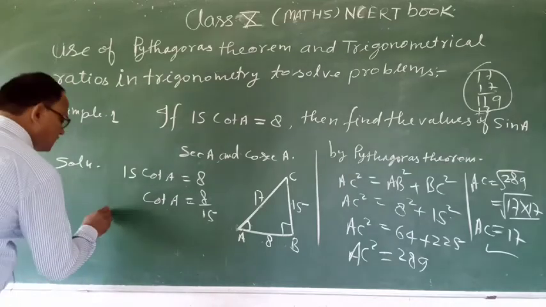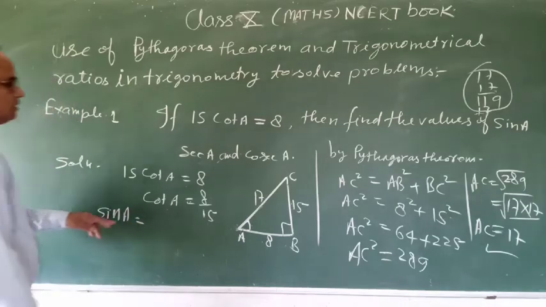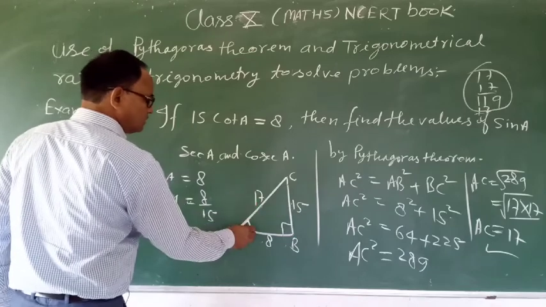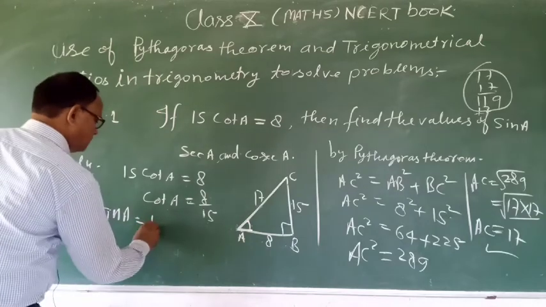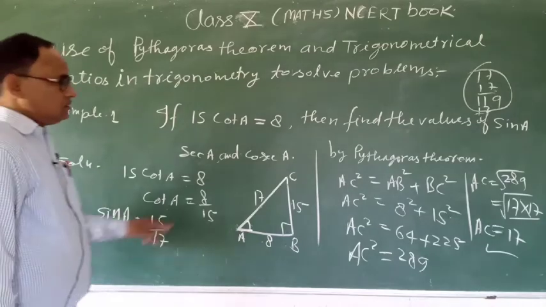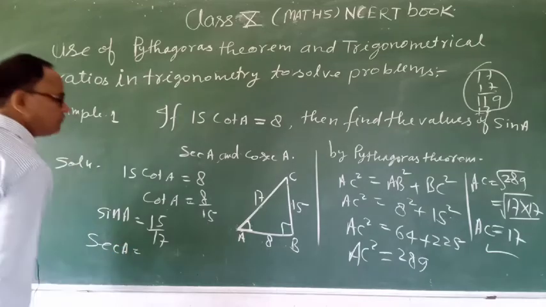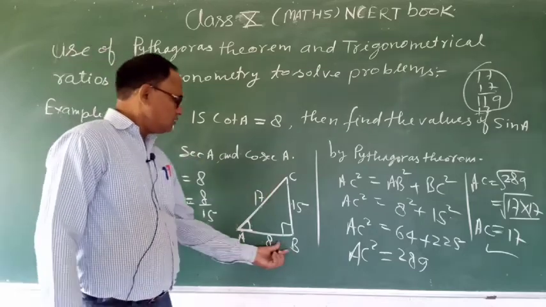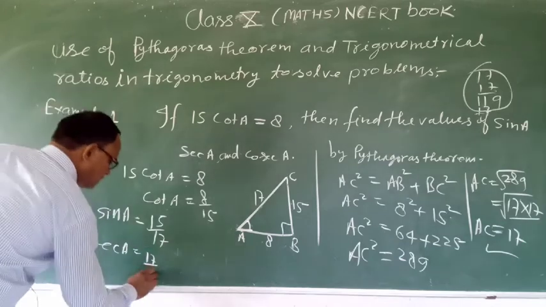Here sin A is equal to perpendicular line by hypotenuse 17, because A is the angle, so sin A is 15 by 17. Sec A is hypotenuse by base, 17 by 8.